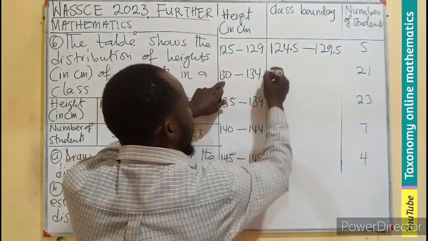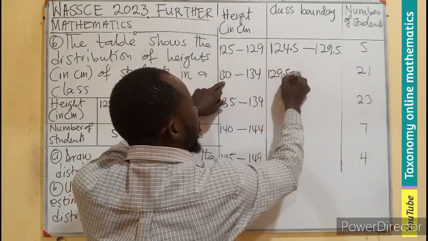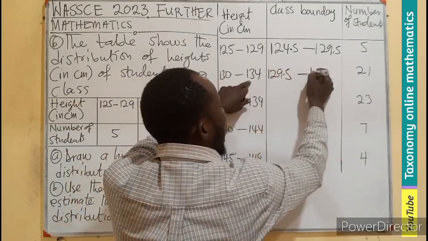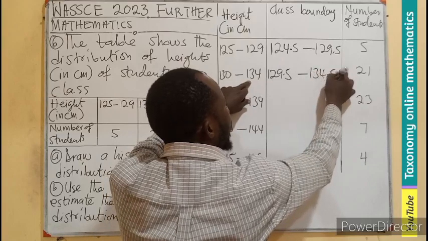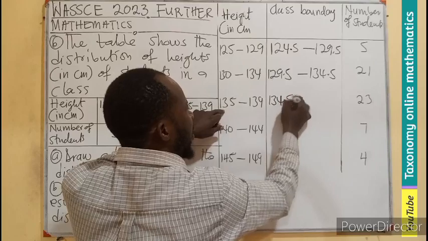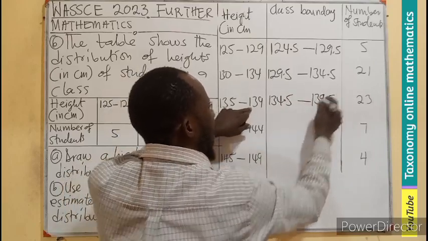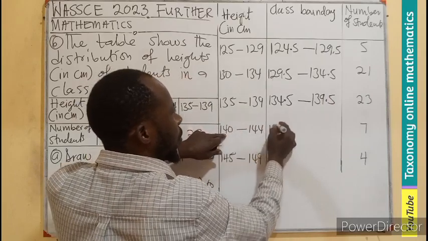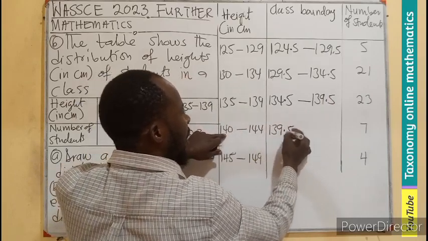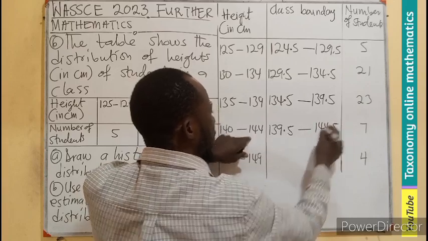So from here it will be 129.5. Then we add half to this. We subtract half from this, 134.5. Added to this, 139.5. Subtract, 139.5. Added to this, 144.5.